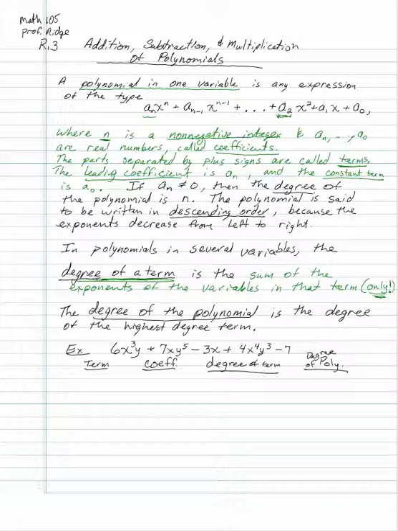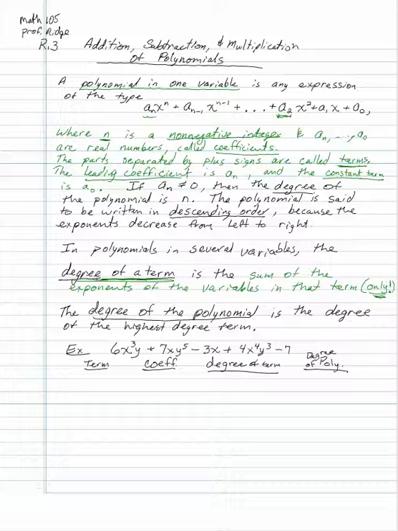The degree of the polynomial is still the same: it's the highest degree term. So you figure out the degree of each term by adding up the exponents of all the variables in that term, and then you take the highest degree term, and that's the degree of the polynomial.